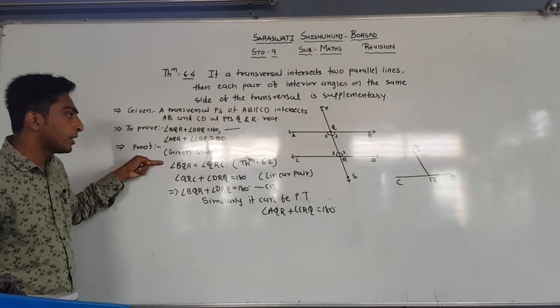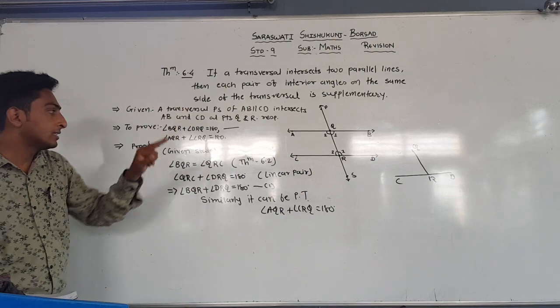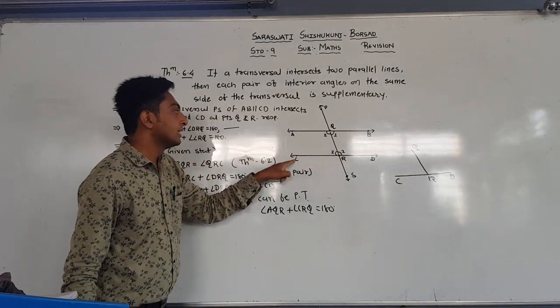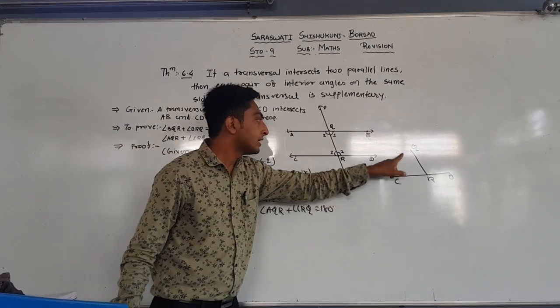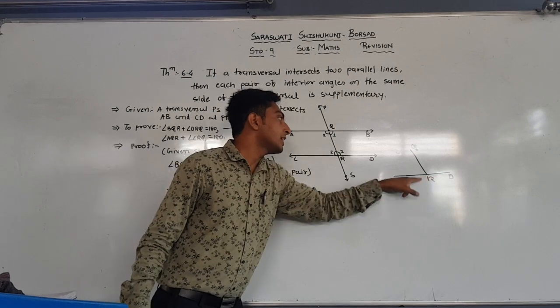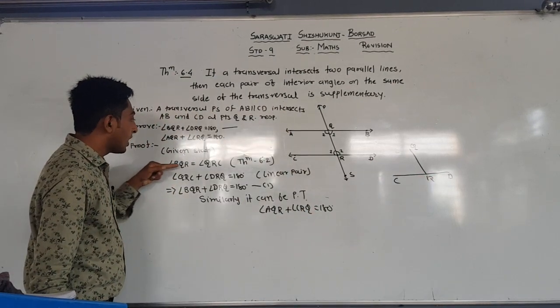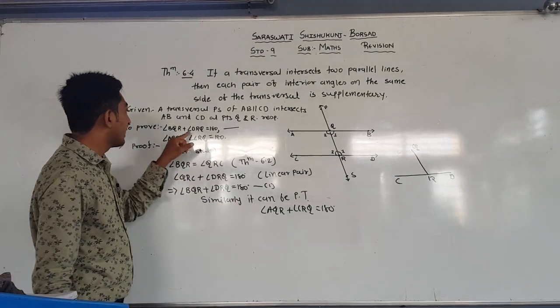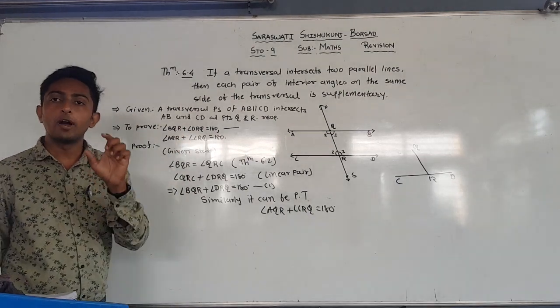Theorem number 6.2, that alternate interior angles BQR and QRC are equal. And then next I used the linear pair of angles, that is QRC plus DRQ equal to 180 degrees. Now I have replaced BQR equal to QRC. So BQR plus DRQ equal to 180 degrees. Then we have proved this. So this is theorem number 6.4.